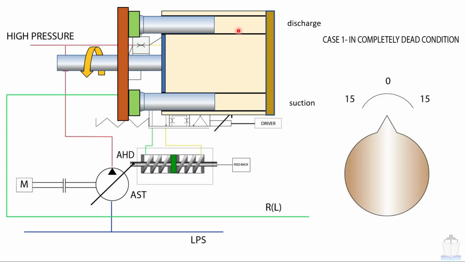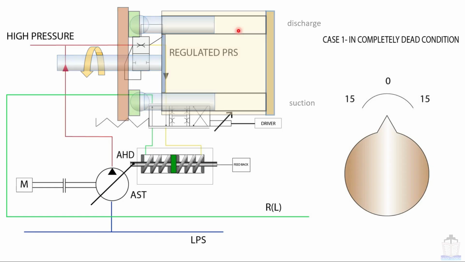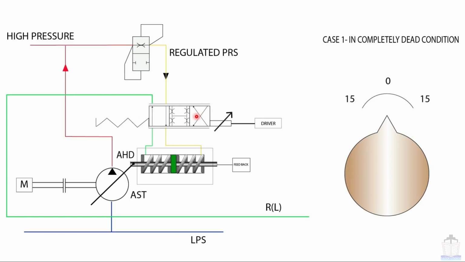There is no pressure built up in the hydraulic line. Now this is called the pilot valve and this is called the main valve. The pilot valve function is to change the direction of regulated pressure so that the main valve piston position can be changed, and this piston position is ultimately responsible for the change of flow and hence the pressure changes.